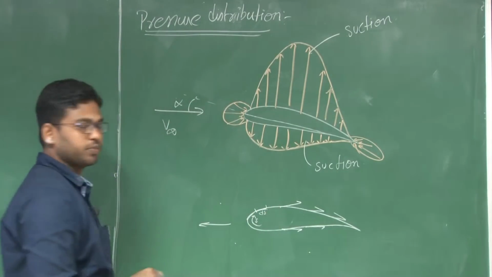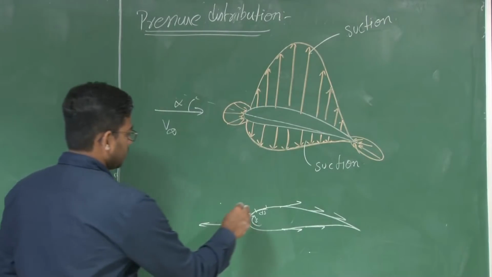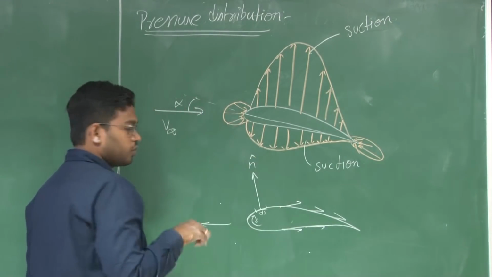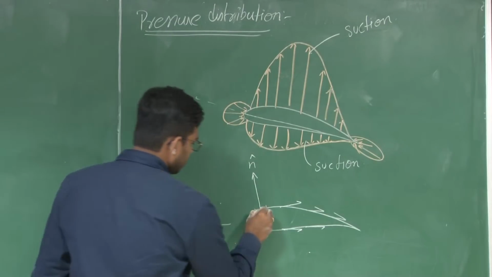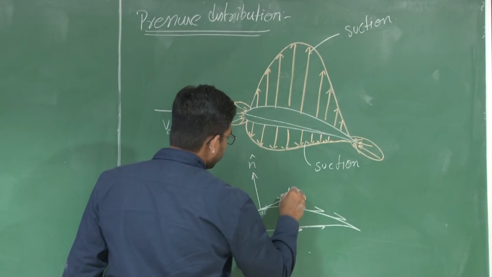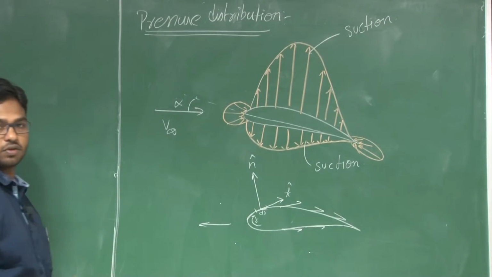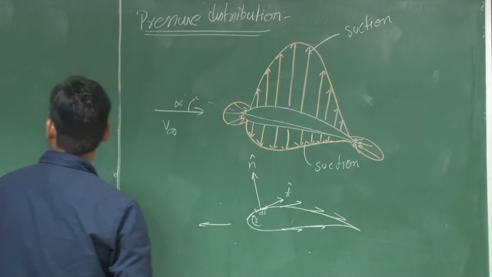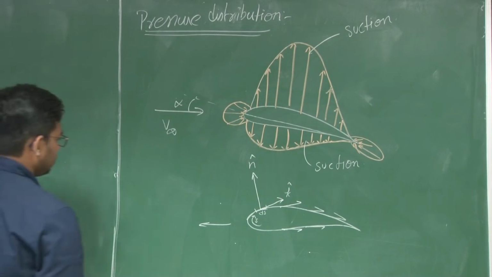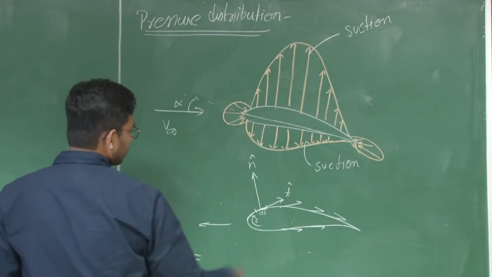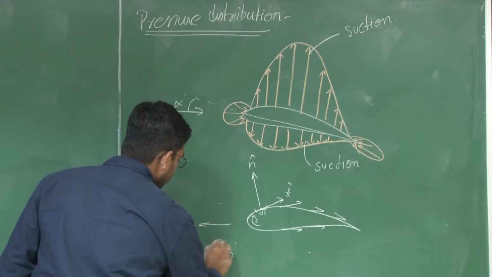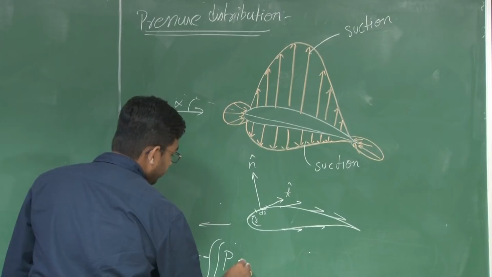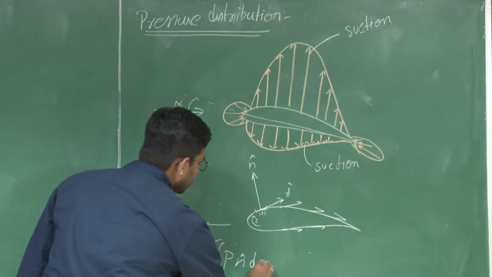Let us consider ds to be a small surface element. Let n cap be the unit vector normal to this surface, and k cap be the unit vector tangential to this surface. Now the pressure over this surface is a negative pressure, so the force due to pressure is the surface integral of P into n cap into ds.